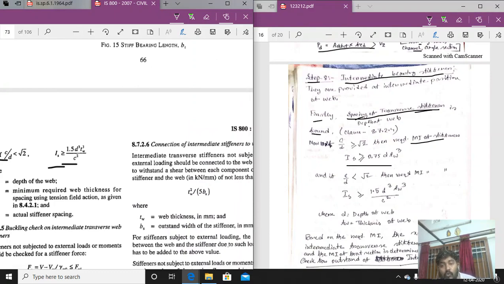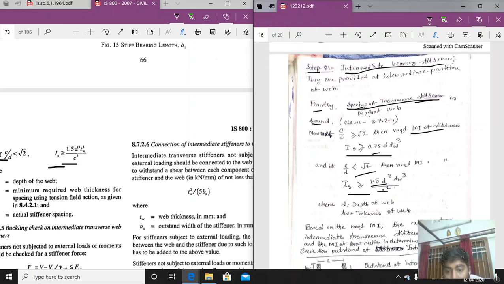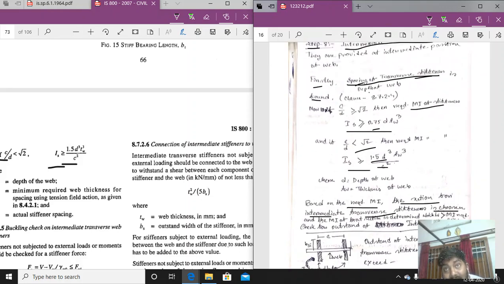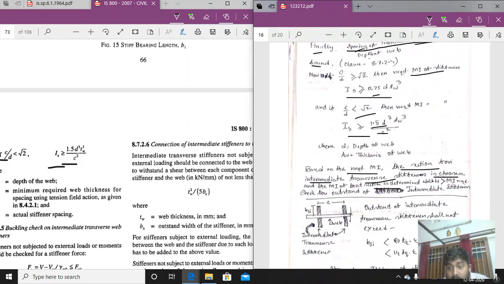So from these two values, the required moment of inertia is determined. Based on the required moment of inertia, we assume a section for the intermediate transverse stiffener, and then the moment of inertia of the transverse stiffener is calculated, which should be greater than the MI required.